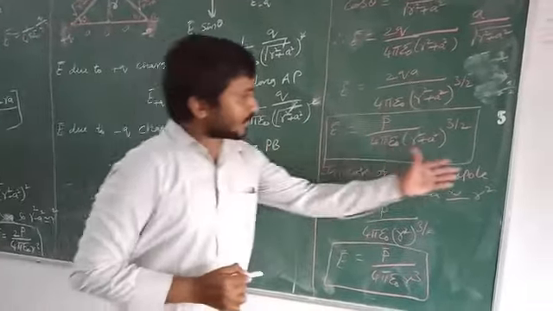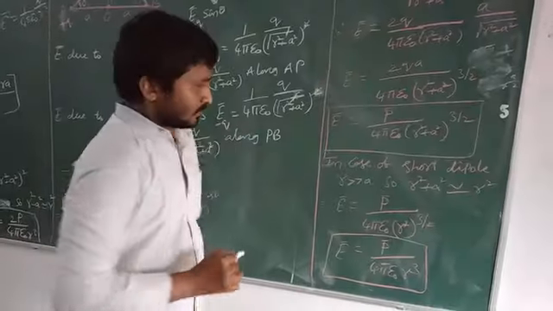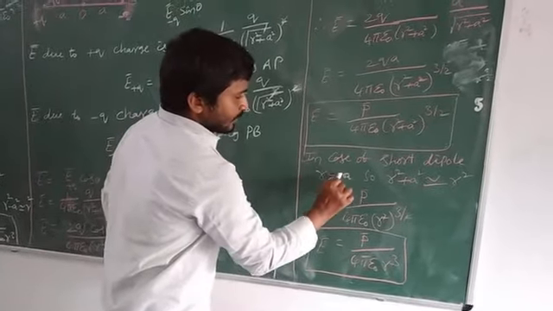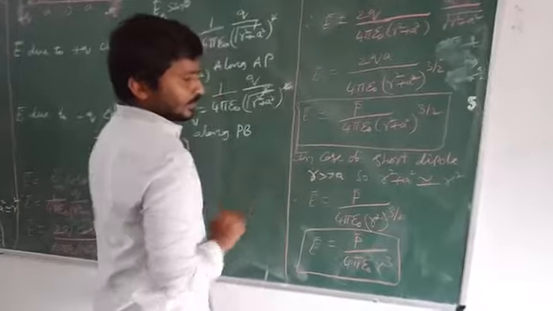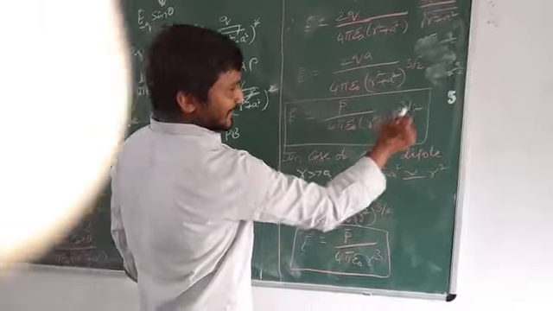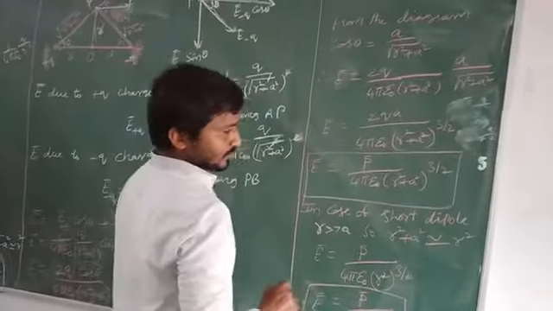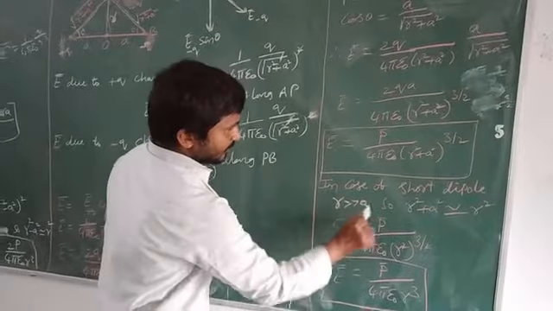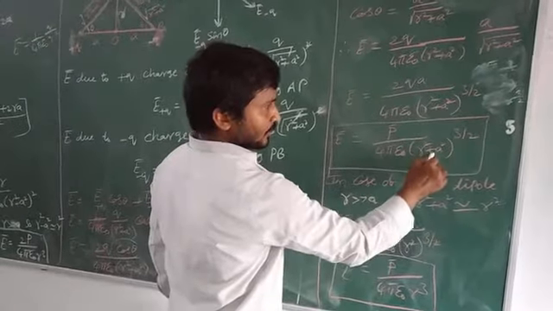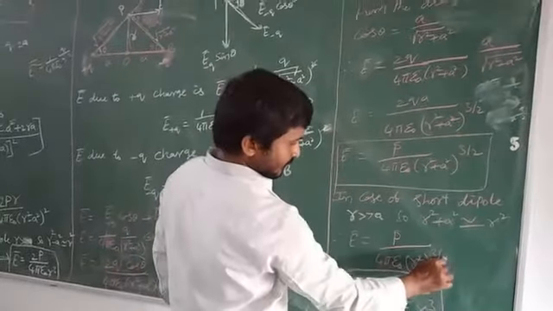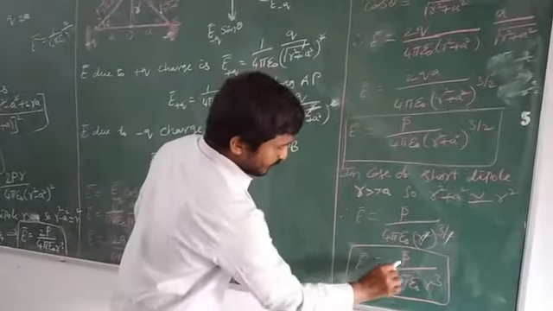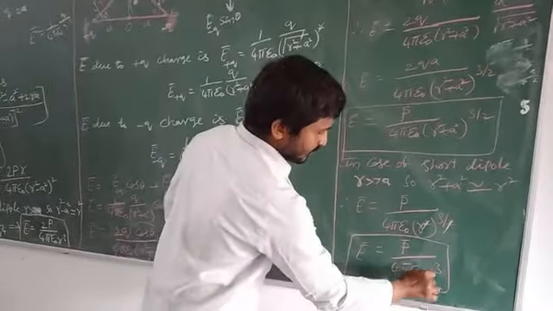And in case of short dipole అయితే ఏమవుతుందమ్మా, here this a will become very very small when compared to r value, so it can be neglected. అప్పుడు ఏమవుతుంది r square plus a square is nearly equal to r square. ఓకే, దాన్ని ఇక్కడ సబ్స్టిట్యూట్ చేస్తే p by 4 pi epsilon naught (r square) whole to the power of 3 by 2 అన్నప్పుడు స్క్వేర్ 1 by 2 క్యాన్సిల్ అయితే we get E bar equal to p bar by 4 pi epsilon naught r cube.